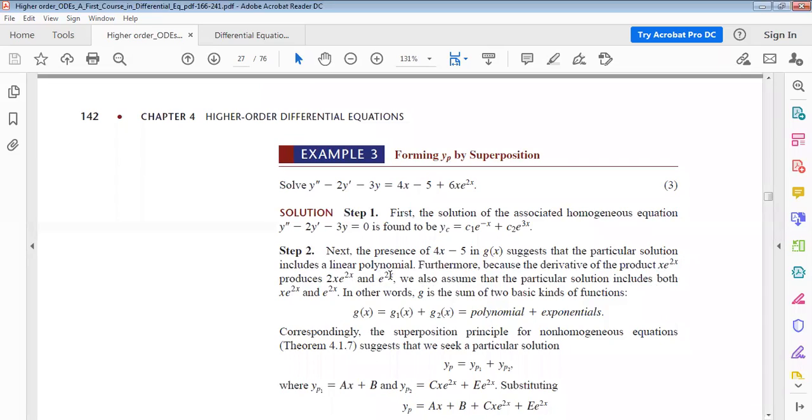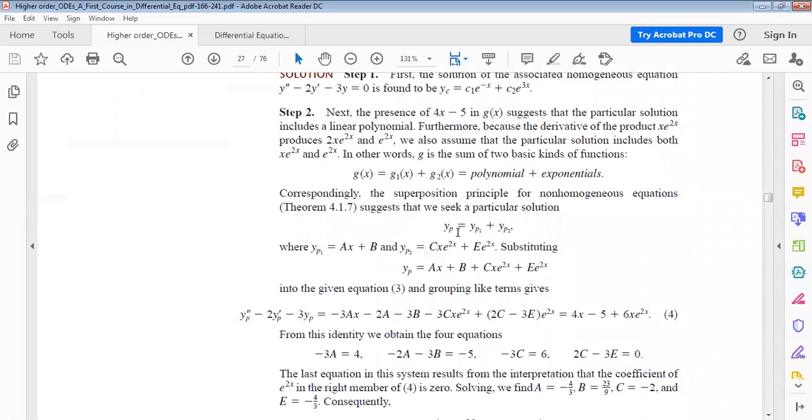So in the particular integral, we have to take g(x) as the first function and the second function, that means the polynomial function and the exponential function. This is the polynomial function and this is the exponential function. So the total particular integral will be the first part p1 plus the second part p2. First, p1 is what? The linear function ax plus b, and the second one will be what?